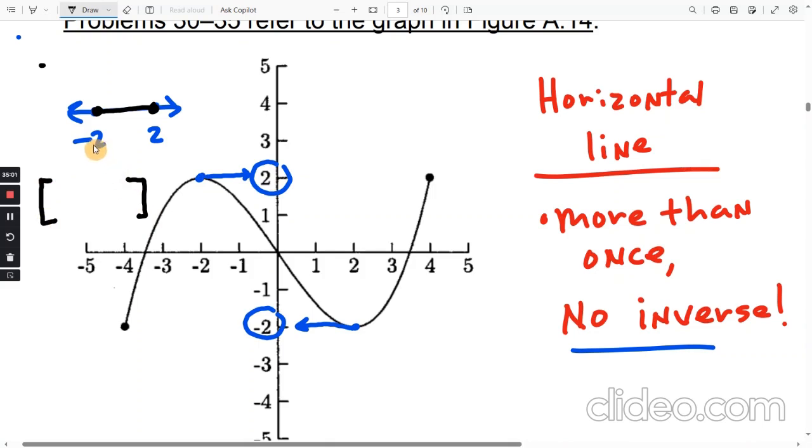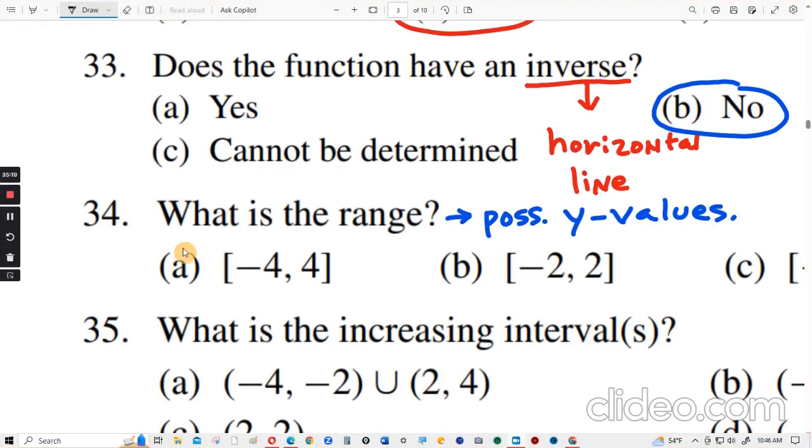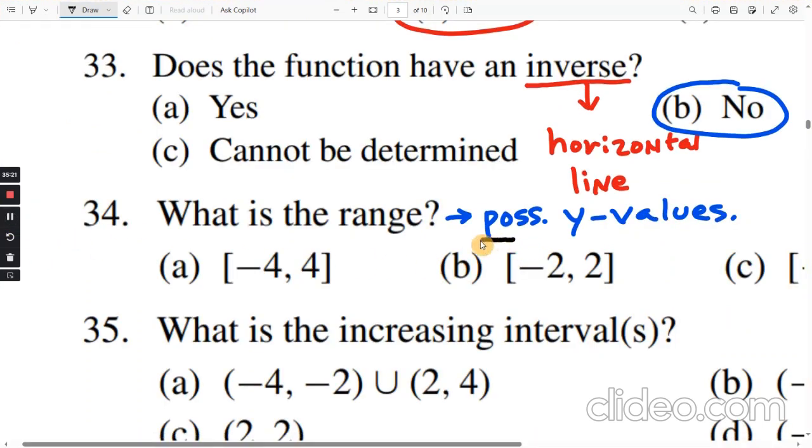The lesser number is on the left and the greater number is on the right. So that right there is your range from -2 to 2. So number 34 is answer B.